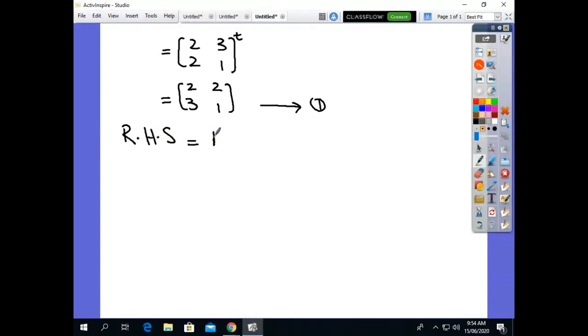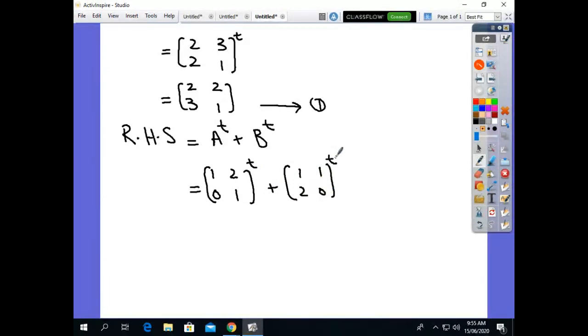Right hand side is A transpose plus B transpose. Here the matrix A is [1, 2; 0, 1] taking transpose on it, and matrix B is [1, 1; 2, 0] and transpose on it.